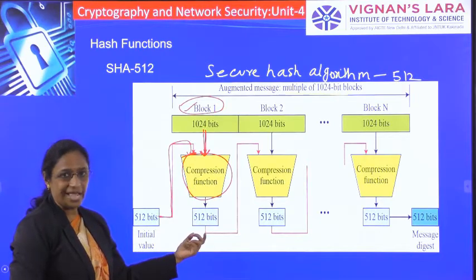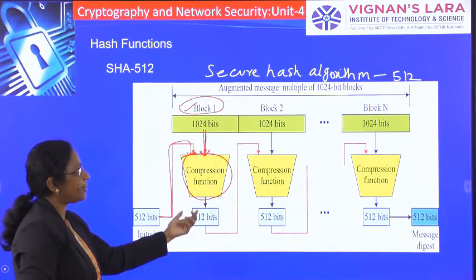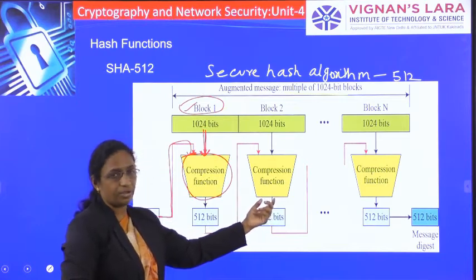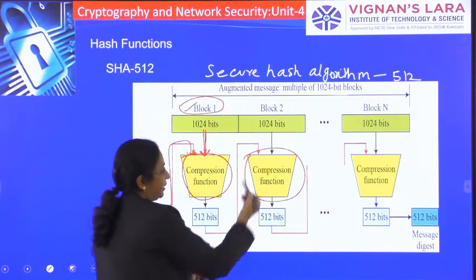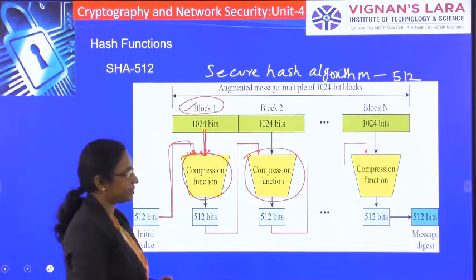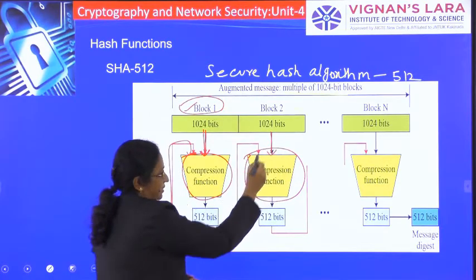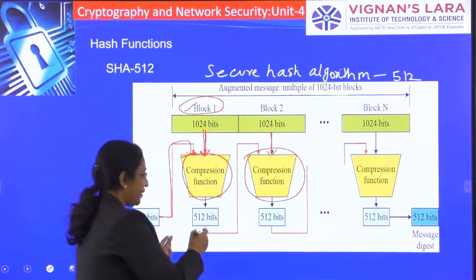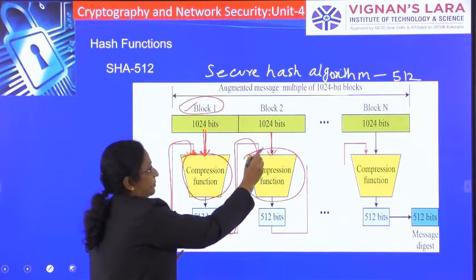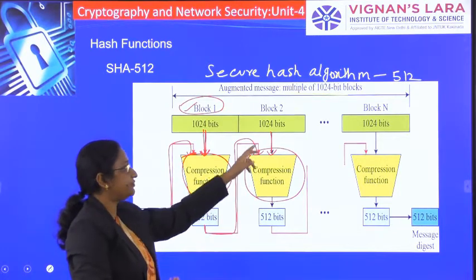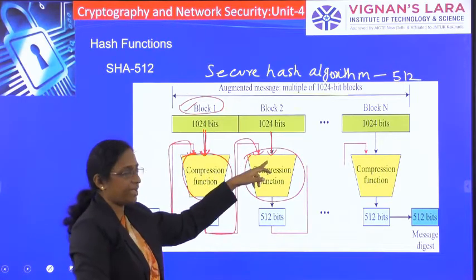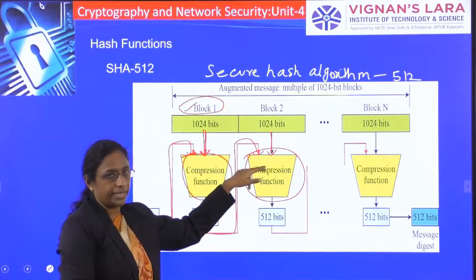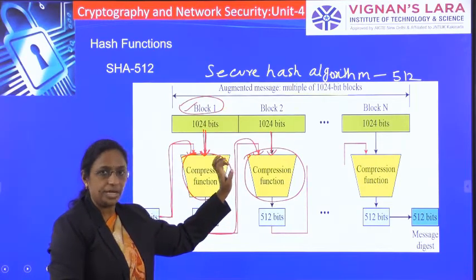This 512 bits is said to be an intermediate hash value. After processing the first block, the second block is processed. The compression function takes the second block of the message and the previous hash value, and again goes through 80 rounds.